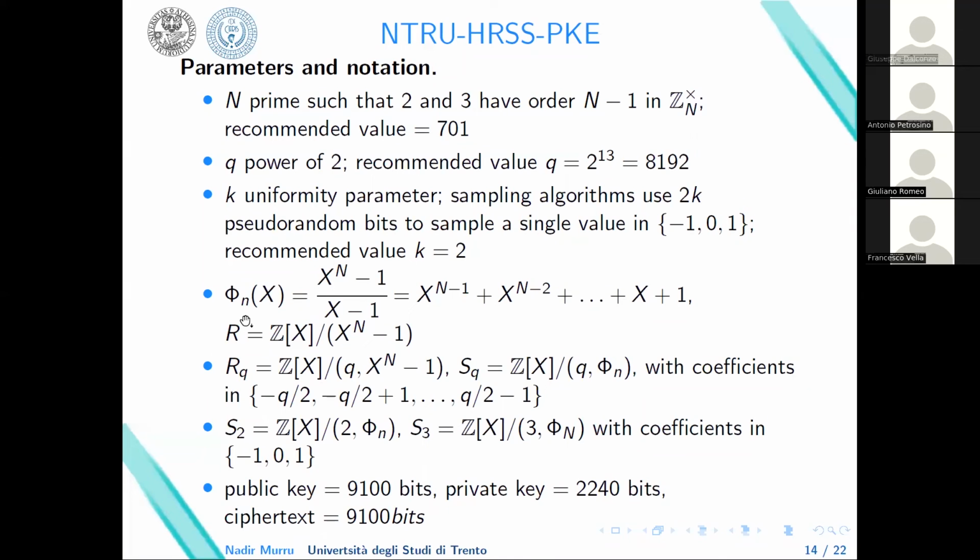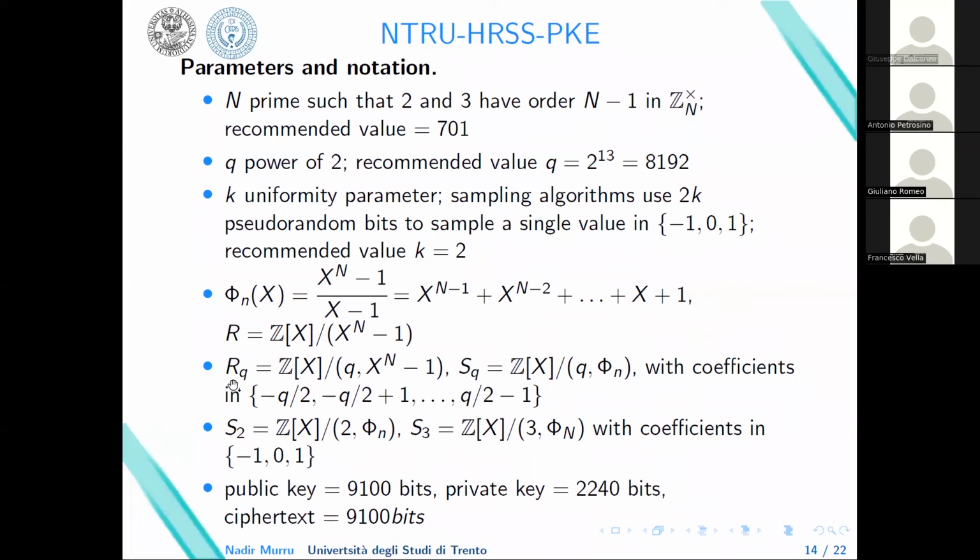Then, also in the HRSS scheme, we have the ring R where all the calculations are performed. But in this case, sometimes we also exploit this polynomial for obtaining this ring, and so sometimes we perform some calculation reducing also modulo this polynomial.